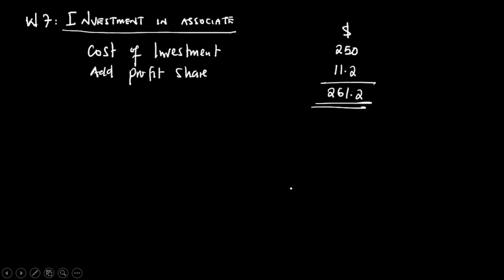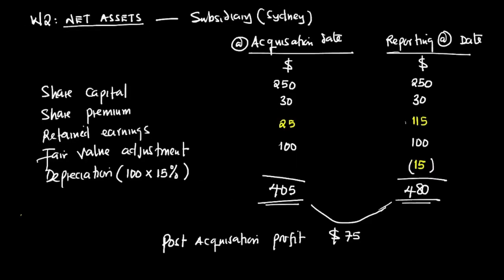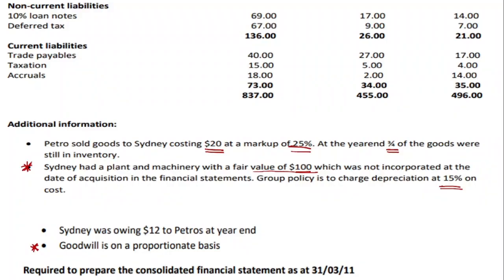Let's go to the working, the questions just at the end. Bullet point number 3, it says Sidin was owing $12 to Petros at the year end. So in this case we are now consolidating. It means in the books of Sidin, this was a liability. In the books of Petros, this is an asset.